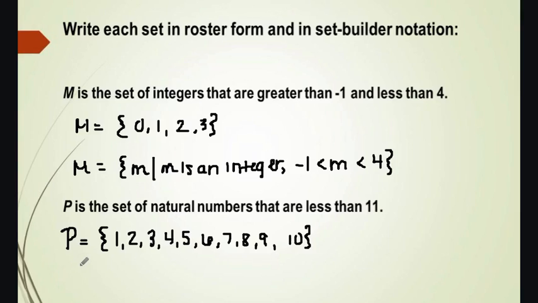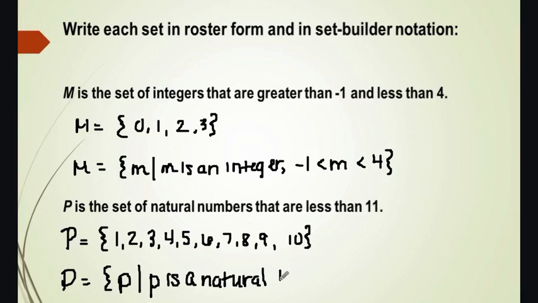And when writing this in set builder notation, we would have P is a natural number, where P is less than 11.